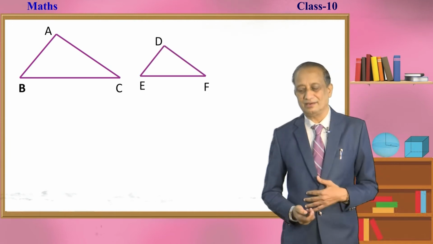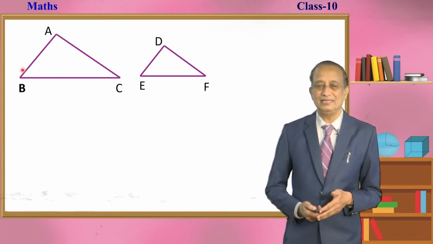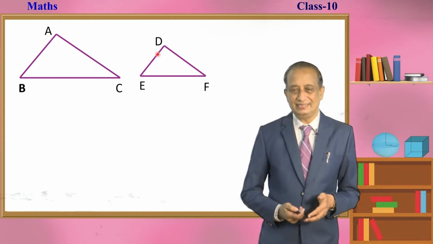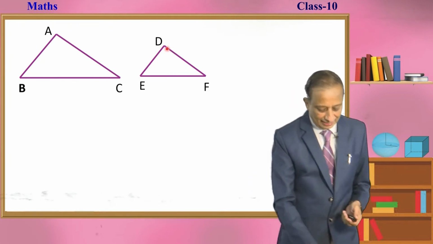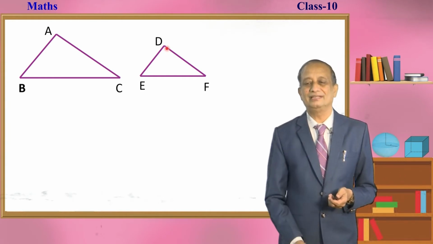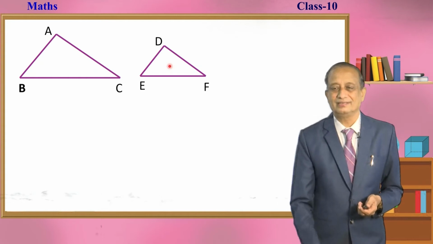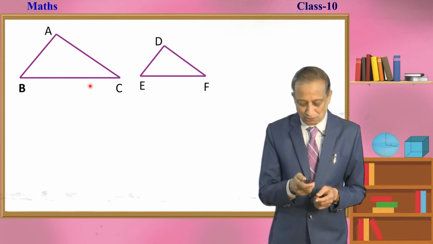Look at this figure, children. Here are a pair of triangles ABC and triangle DEF. You can also draw this, take scale, pencil and neatly draw a pair of triangles like this. Once you draw this, take the protractor and measure the angles in both of them.